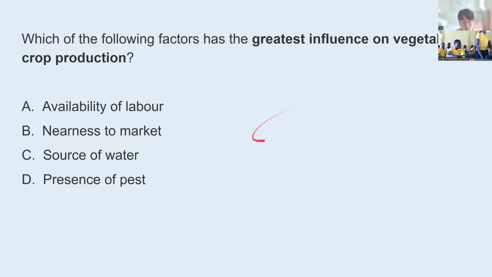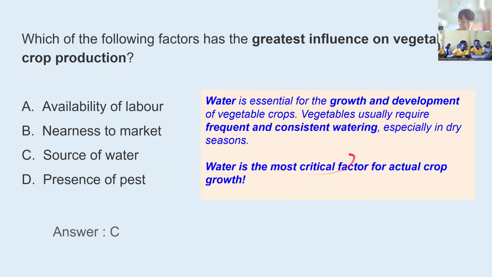Oh, yeah. If you said C, then yeah, that is correct. If you said the source of water. So, yeah, as you said, water is the most essential part for growth and development for vegetable crops.